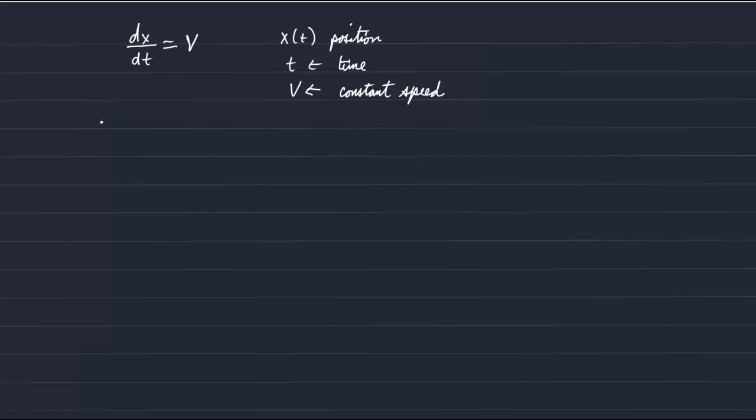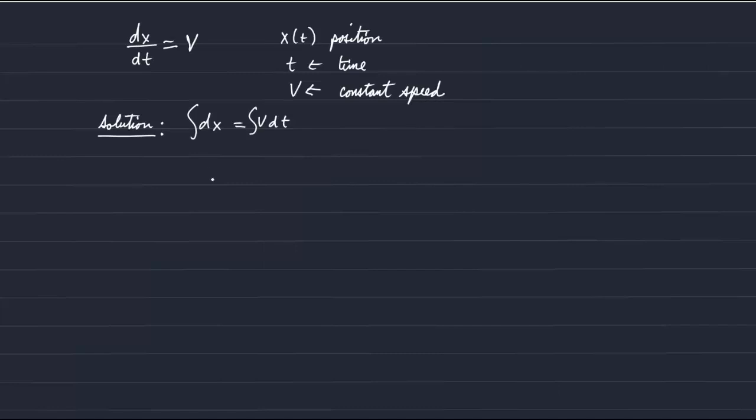So let's solve this equation. One simple way of solving it is we can separate the dependent variable, which is x, on the left-hand side of the equation, and the independent variable, t, on the other side of the equation, and then we can simply integrate.